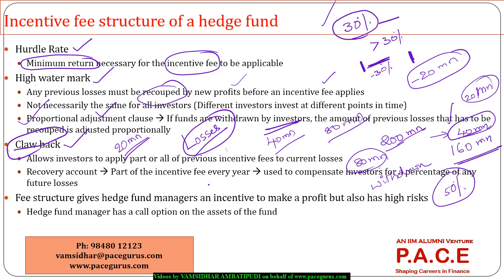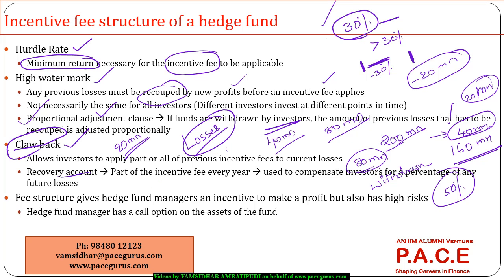Meaning I can very well recover some of the incentives that I have given to you in the last year. For the current losses that I am bearing, I can recover all or a portion of the incentives that I have given to you in the past.